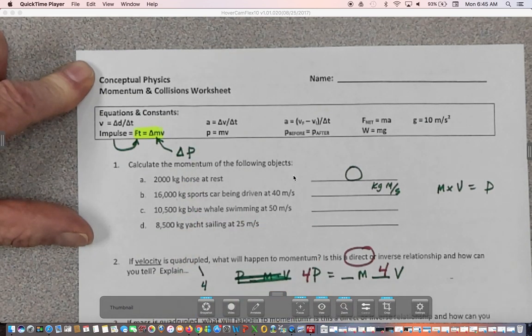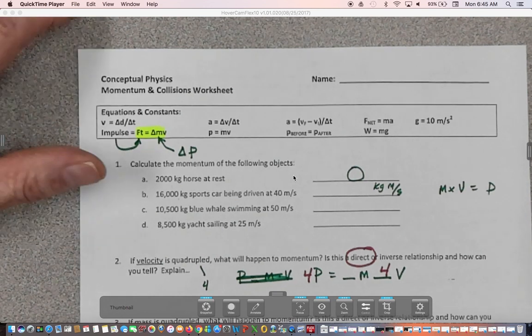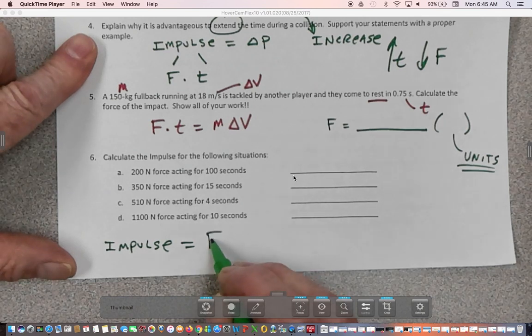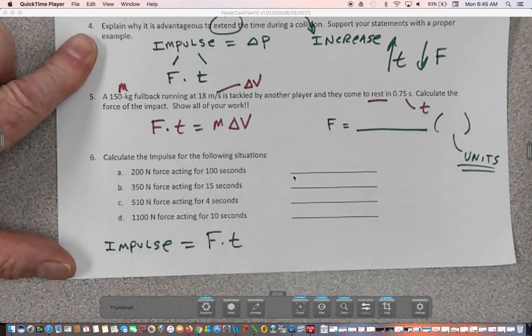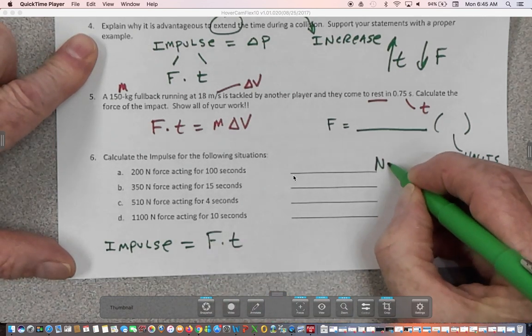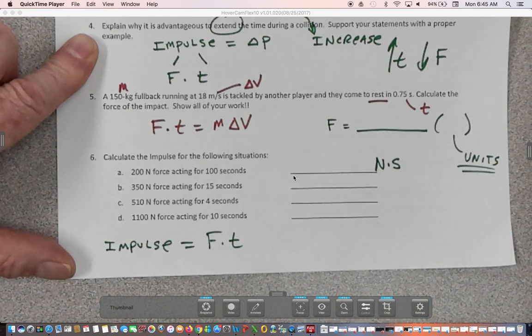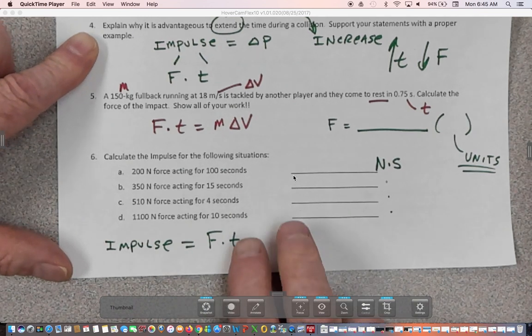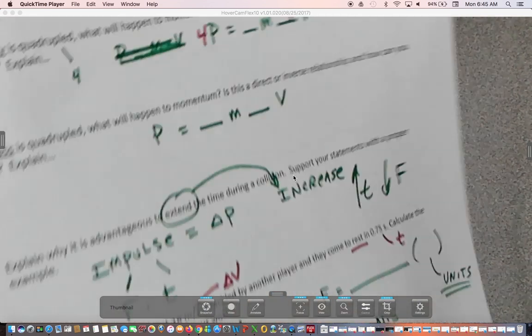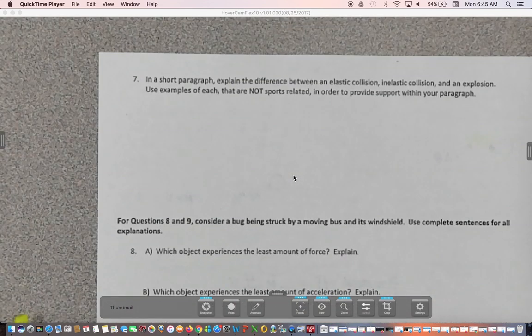So you draw those arrows up there and put that statement, or you'll not have a clue what you're doing. So impulse is force times time. Now the units of impulse are Newton seconds. Please be aware of that. Each one of these should have those units on there. Multiply those two numbers together. I don't think I need to do that for you, and you can solve that. Flipping the paper over.